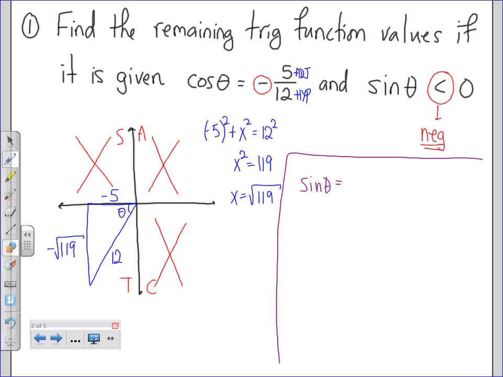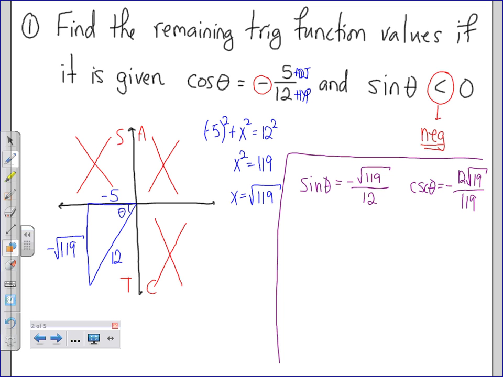Sine is the opposite over hypotenuse, so we're going to label that negative square root of 119 over 12. Now it might be easy to go ahead and label the cosecant at the same time, since cosecant is just the reciprocal of sine. That would make it -12 square root of 119 over 119.